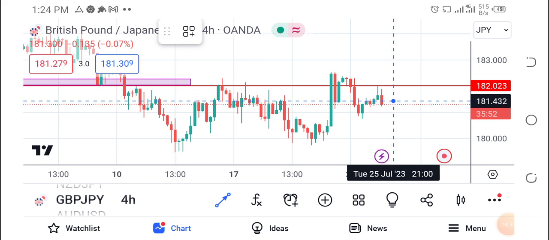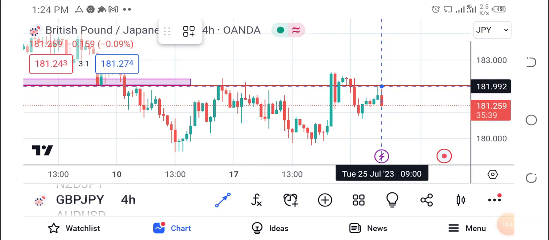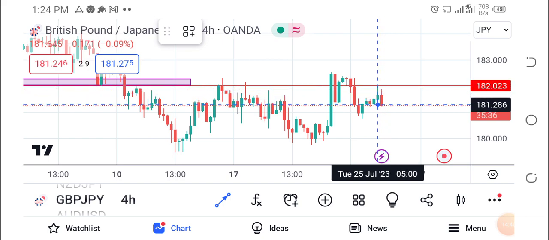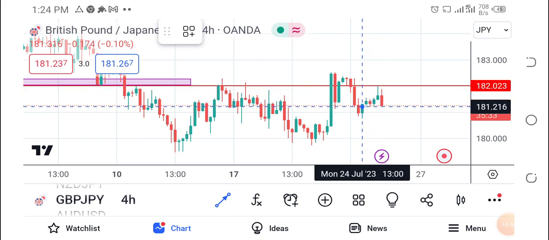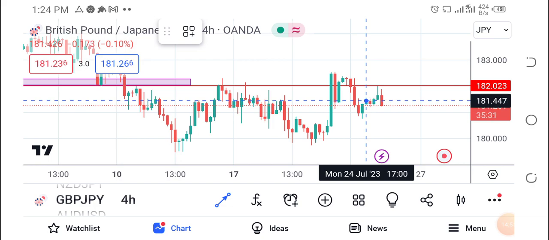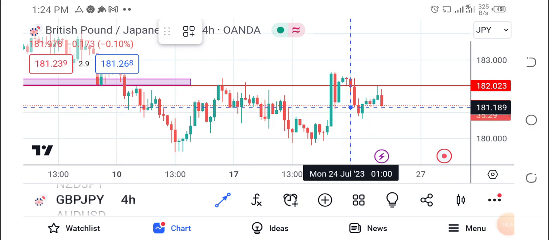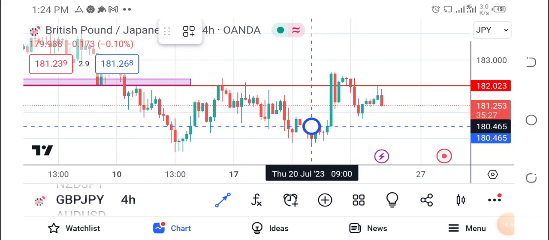This is a kind of ranging market in an uptrend, and so if you are taking a sell position, you don't have to allow it to exceed 30 to 50 pips, and your stop loss must not be beyond this level. So before we take a sell trade finally, we are going to wait for this candle to form before we click our sell button.